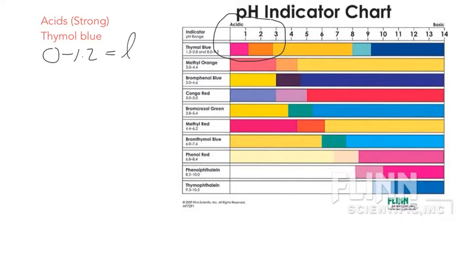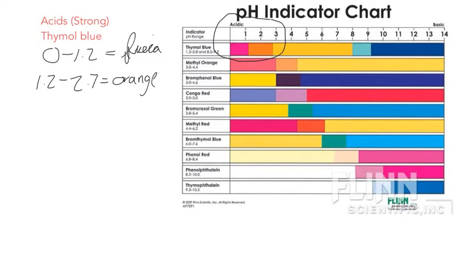And then we see that at around 1.2 till about 2.7, it's orange. So this fact right here can really differentiate how strong your acid is just by these two colors.